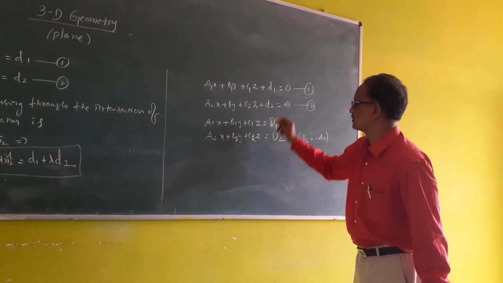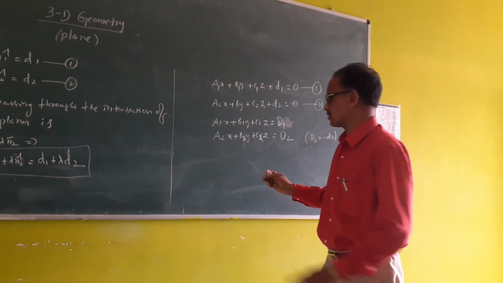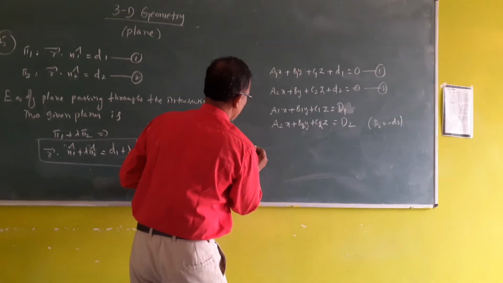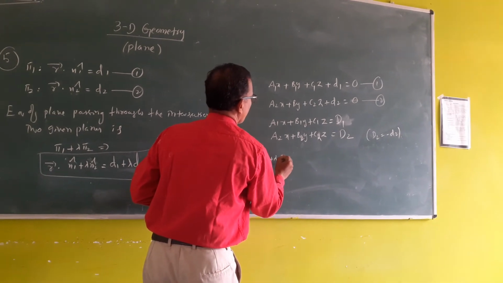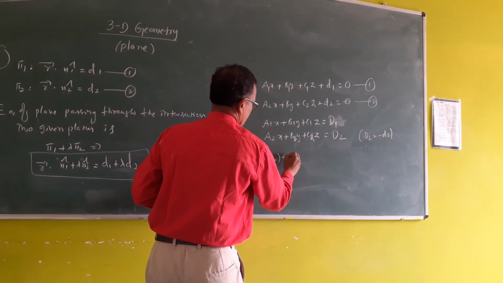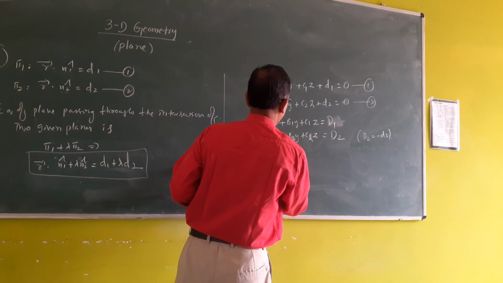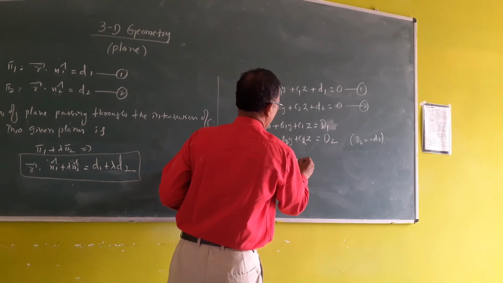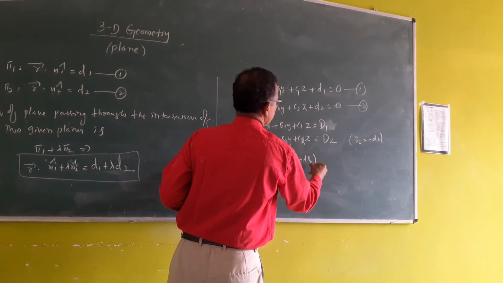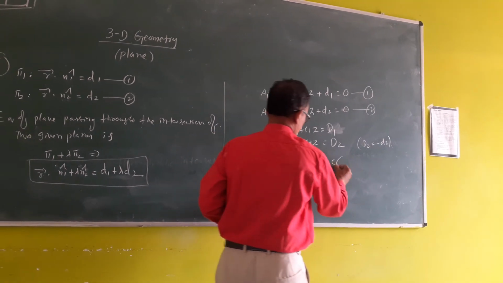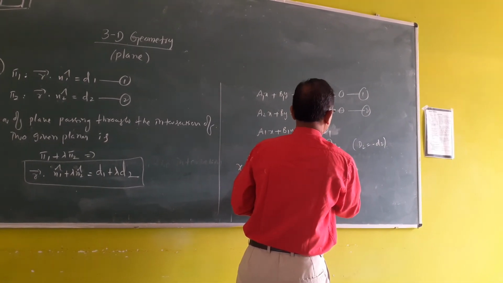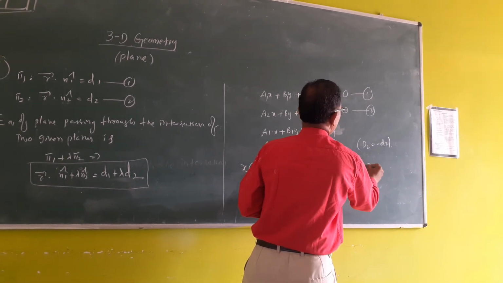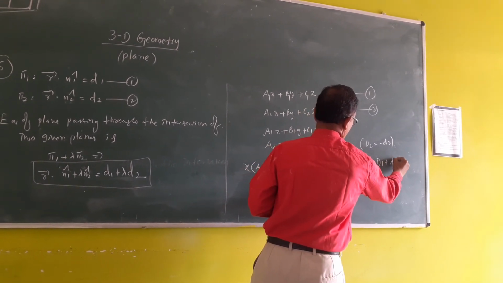Next, we are clubbing these. See, x into a1 plus lambda a2, plus y into b1 plus lambda b2, plus z into c1 plus lambda c2 equal to D1 plus lambda D2.